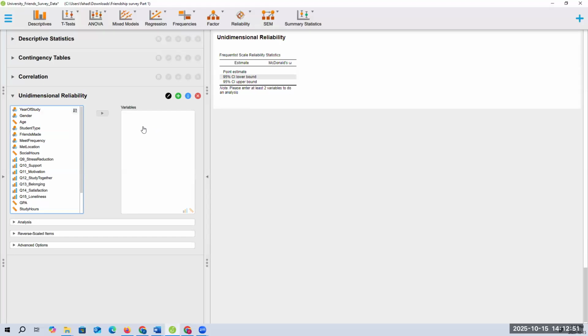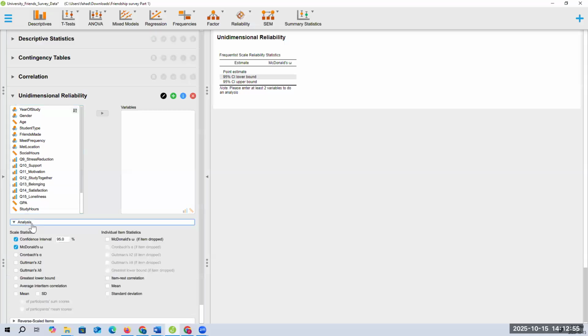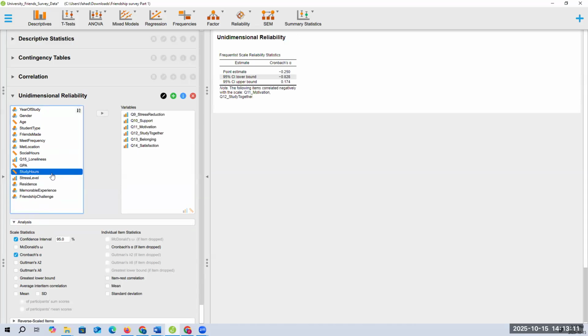Reliability, and we can do analysis, confidence, Cronbach's alpha, and confidence, and then we can add in the variables 9 to 15, 9, 15 should be added in also. Point estimate.